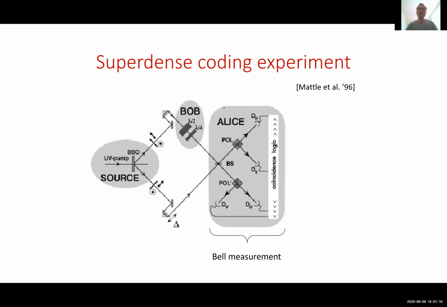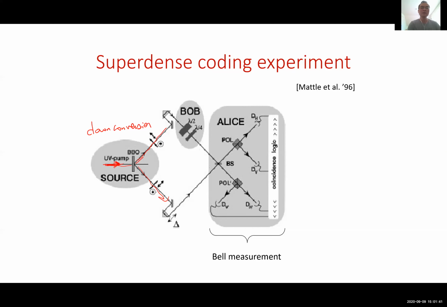And in fact, this also was not that difficult to implement experimentally. So what they did is you have an entangled source. This is called down conversion. So there is a UV pump.